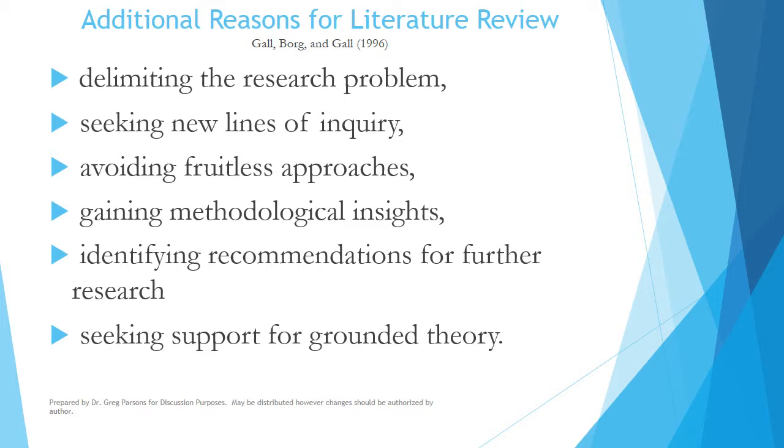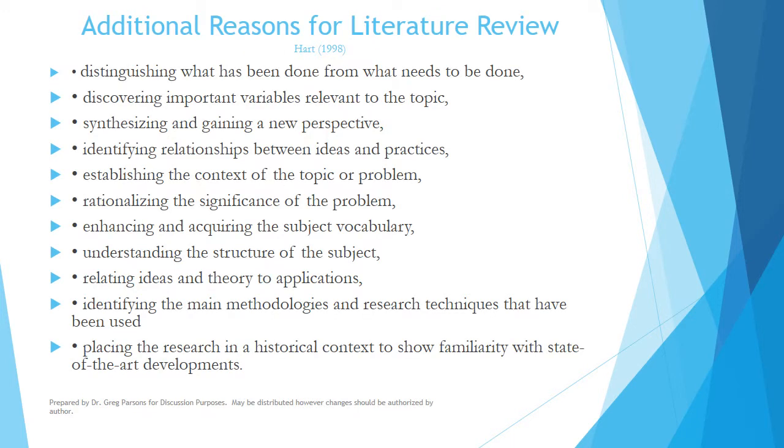It allows you to supply additional information about that. These kind of overlap with some of the other reasons; they may extend on them, summarize them, or look at them a little differently. But again, there are plenty of reasons that a literature review is extremely important to the dissertation writing process and actually to any kind of original research.